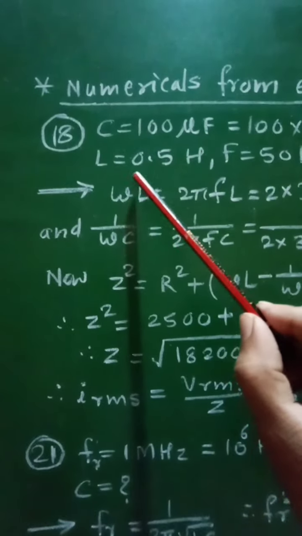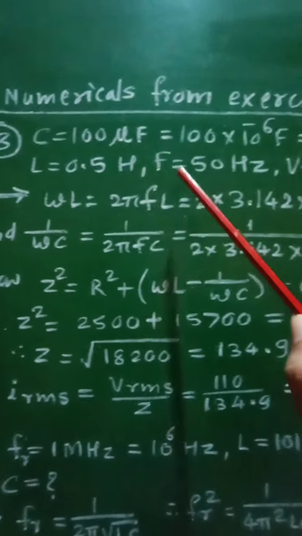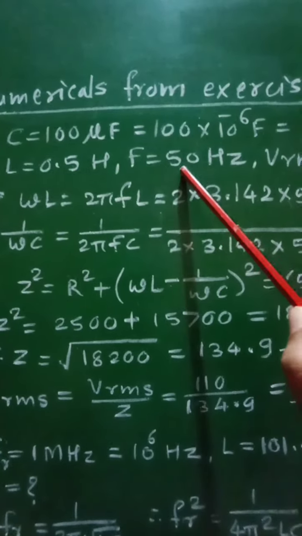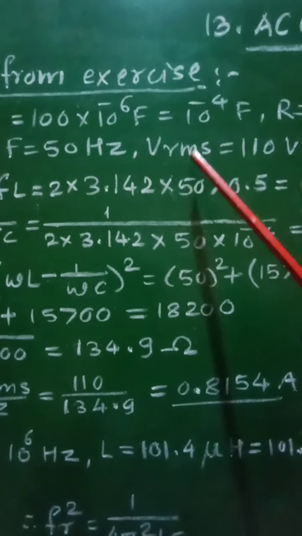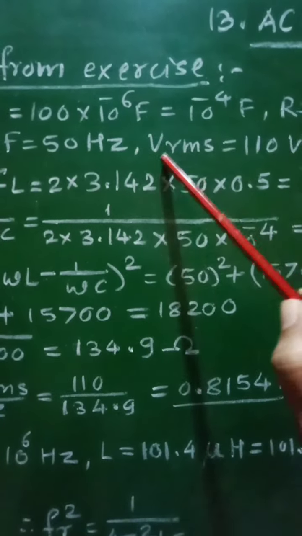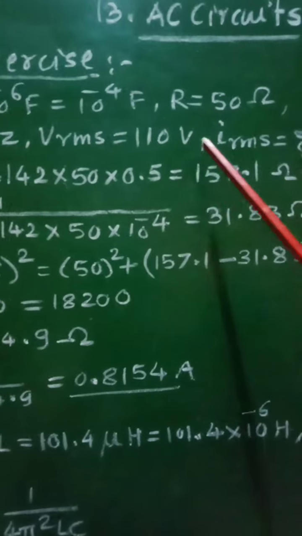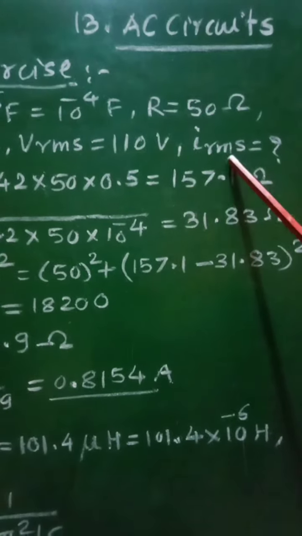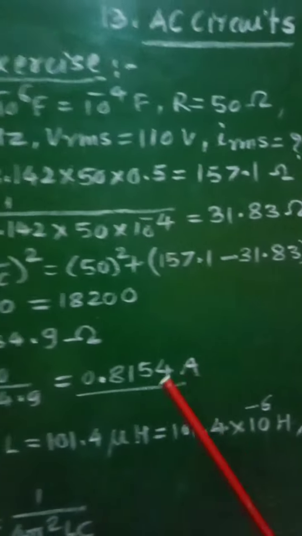Then inductance L is equal to 0.5 Henry. Frequency of the source f is equal to 50 Hz. Then RMS value of voltage, that is Vrms, equal to 110 volt, and we have to find out RMS value of current, that is Irms, equal to question mark.